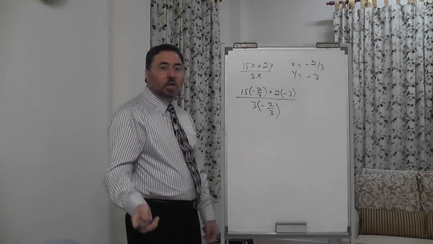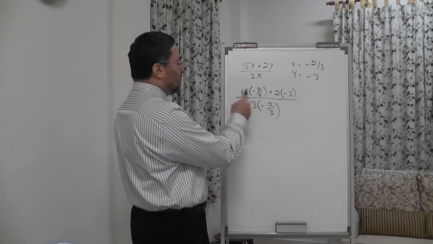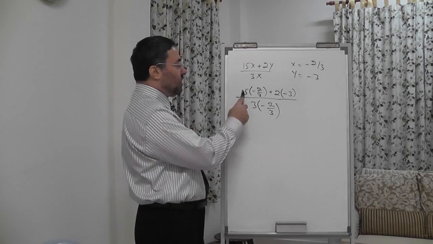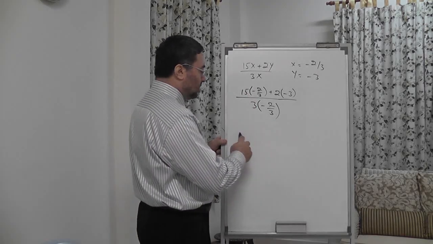If you are good in fractions, this 15 cuts with the 3 and you get a 5. 5 times 2, that's minus 10.